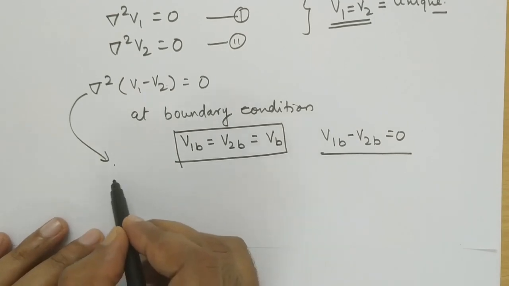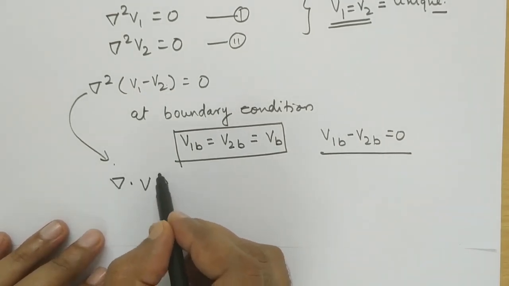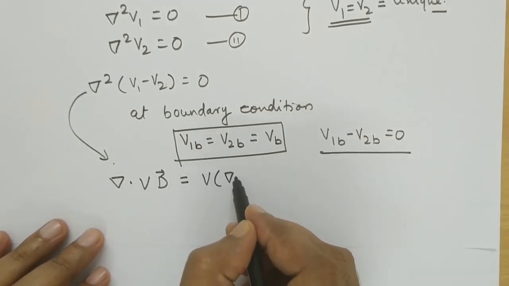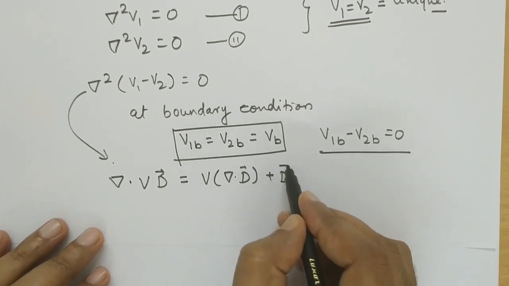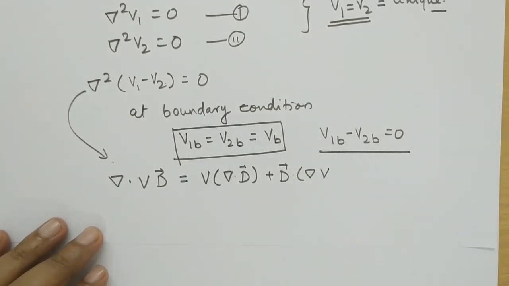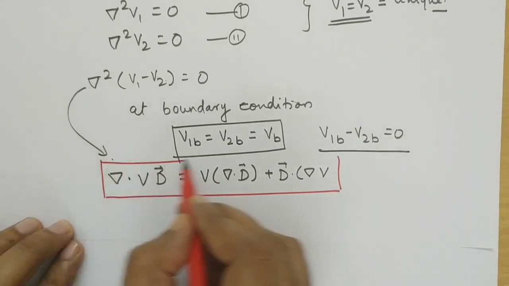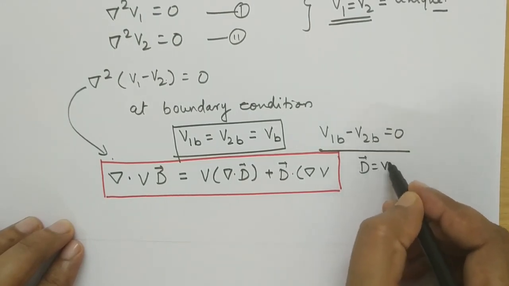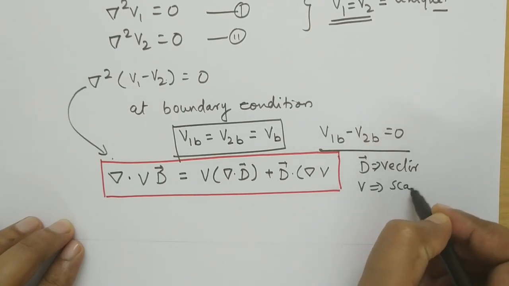The identity is divergence of V D equal to V times divergence of D plus D dot del V. This is going to be true for any vector D and scalar V. Here D is a vector and V is a scalar.